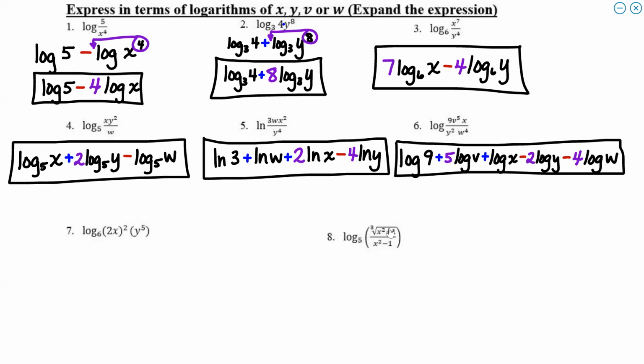I would have log base 6 of 2x squared plus log base 6 of y to the 5th. Oh, sorry, I put my square in the wrong spot. Yeah, it's gonna go outside, thank you.